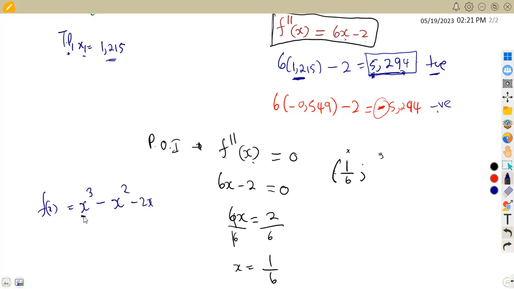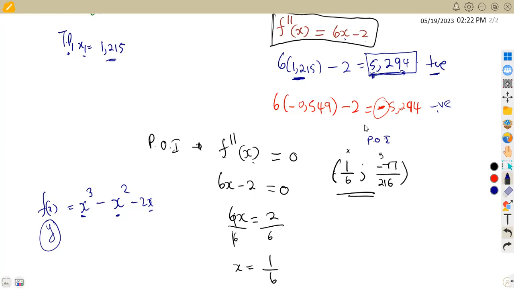So you substitute 1/6 in x each time so that you obtain the exact value of y. This is what you're going to obtain: negative 77 over 216. This gives us the point of inflection in this case.